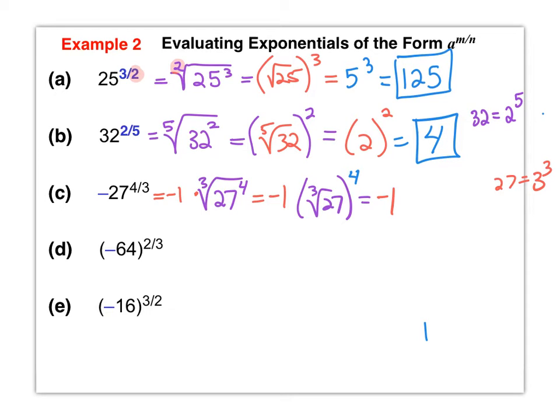So this is going to be negative 1 times 3, the cubed root of 27, all raised to the 4th power. And if we do the exponent first, 3 to the 4th power is 81. So we'll get negative 1 times 81, and the result is negative 81.